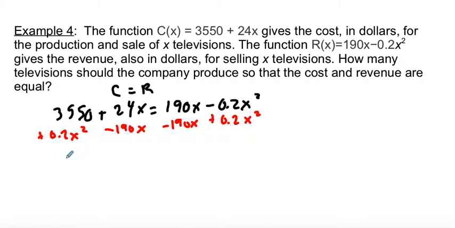And so doing so on this side, I'm going to get 0.2x squared. Then I'm going to write my x terms here next. So I have to do negative 190 there plus 24, and I get negative 166.